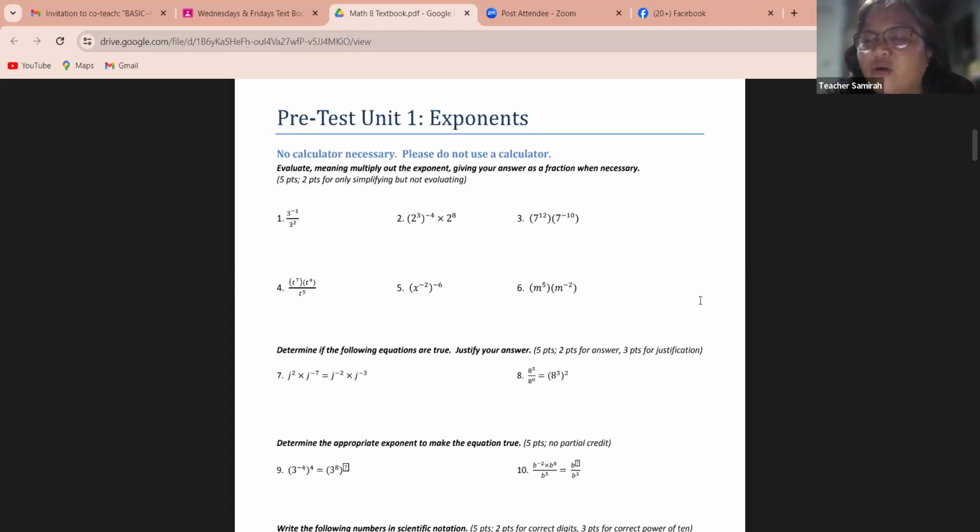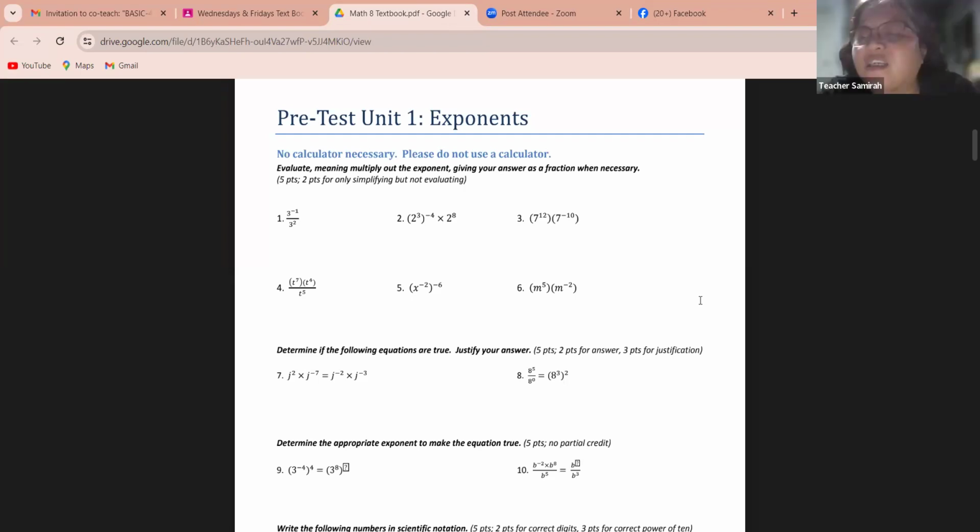So negative 12 plus 8. What will be your answer? You are going to subtract. 12 minus 8 is 4. So what sign are we going to use, negative or positive? Which is bigger, the negative 12 or the positive 8? The 12.